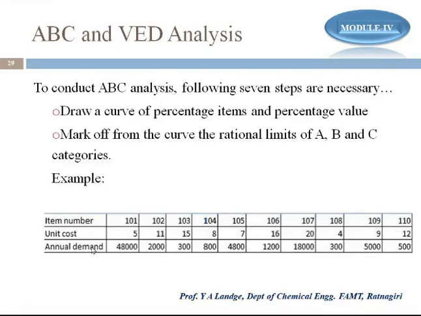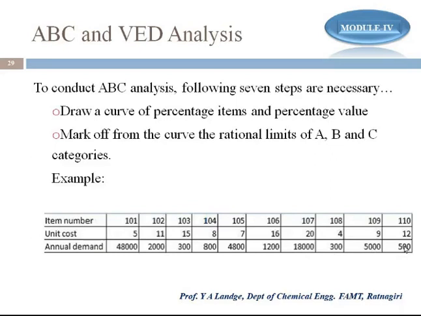And the third row mentions the annual demand of that item. The annual demand of 101, which has a unit cost of 5, is 48,000. It means the consumption of item 101 is 48,000 units. Then for 102 it is around 2000, for 107 it is 18,000.